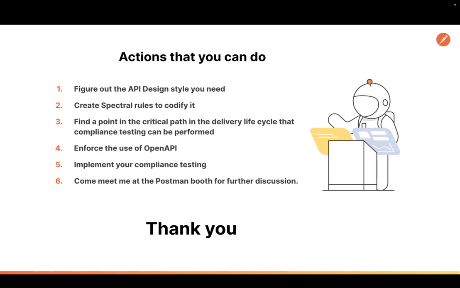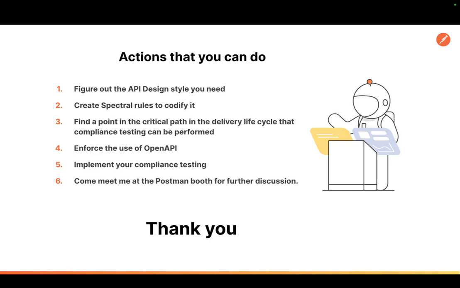In our case, for the public exposure, it's pretty straightforward, right? Anything that needs to be exposed gets checked, and if it does not pass, it gets blocked. But a similar practice can also be applied to internal endpoints and other workflows, right?